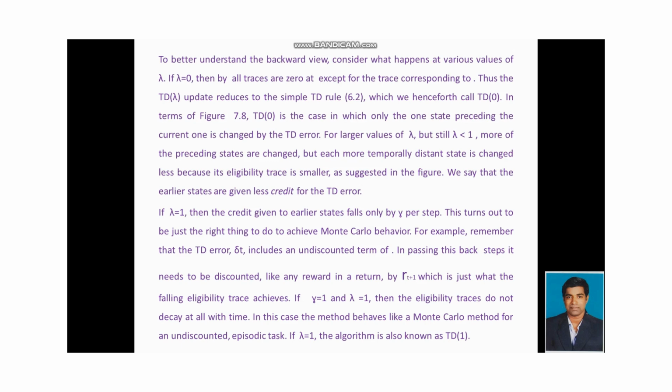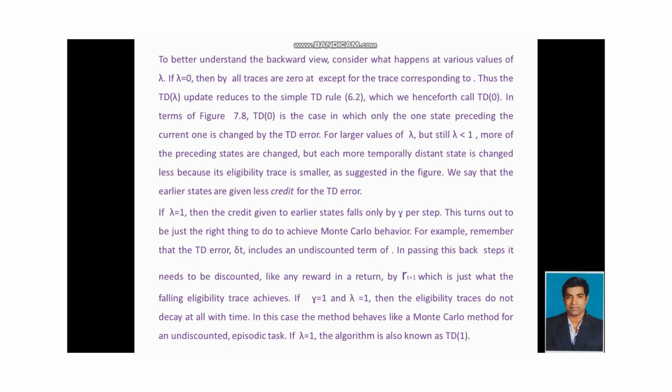If λ = 1, then the credit given to earlier states falls only by γ per step. This turns out to be just the right thing to do to achieve Monte Carlo behavior. For example, remember that the TD error δt includes an undiscounted term of R(t+1) in passing back steps.